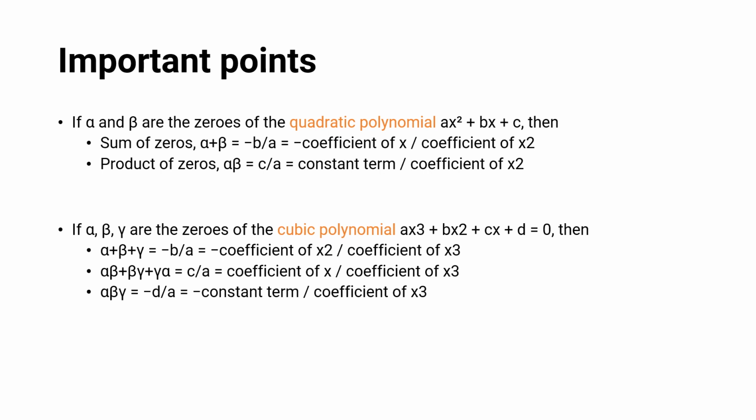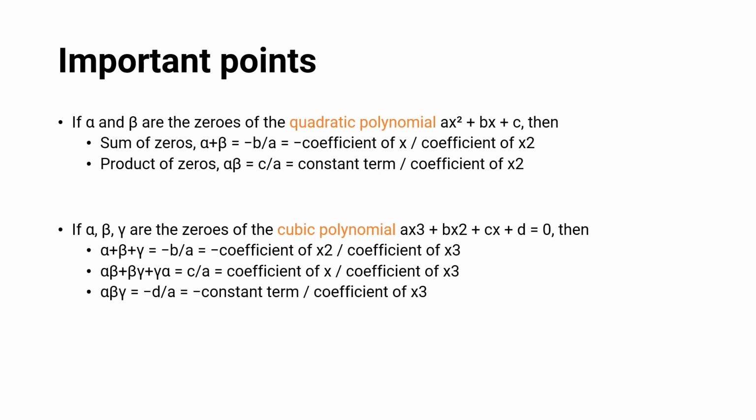If alpha, beta, gamma are the zeros of the cubic polynomial ax cube plus bx square plus cx plus d equal to 0, then alpha plus beta plus gamma is equal to minus b divided by a, which is equal to minus coefficient of x square divided by coefficient of x cube.